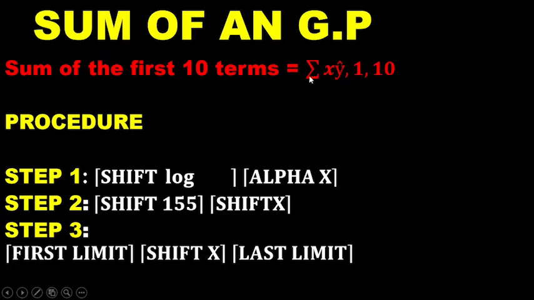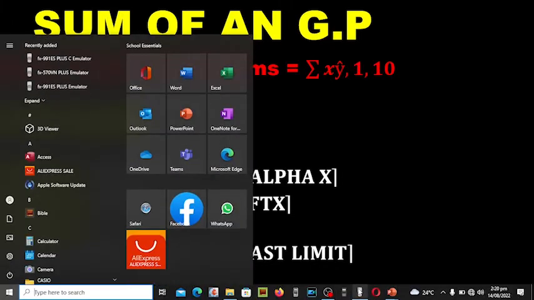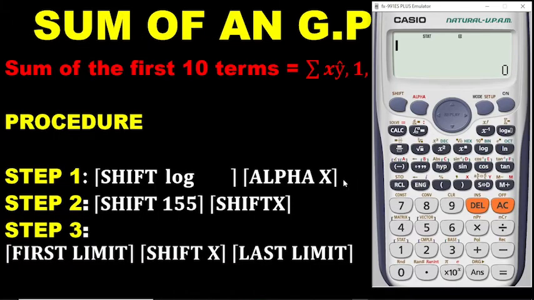Now, how do we get this on the calculator? So let's now go back to our calculator and get the details there. To find the sum of any, whether AP or GP, you must always have this summation. Now, where is this summation on the calculator? You can see it here, just below the on key. Look at the color.